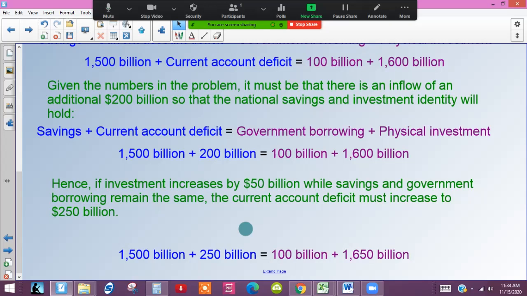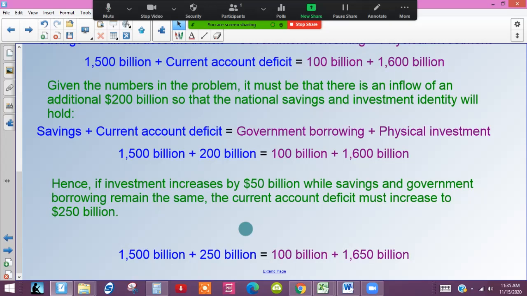Easy enough. Remember, the current account deficit is the amount of money that's coming in. It's a capital inflow, which is caused by a trade deficit.